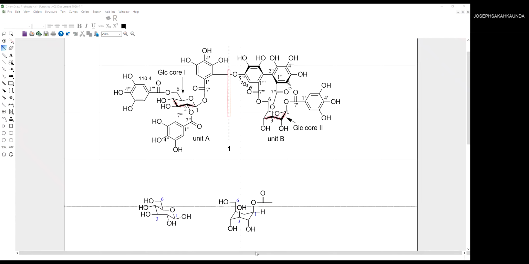So, unit B7 prime, the value there is 165.7. Now, let me just share with you my Demystification Nova once again.